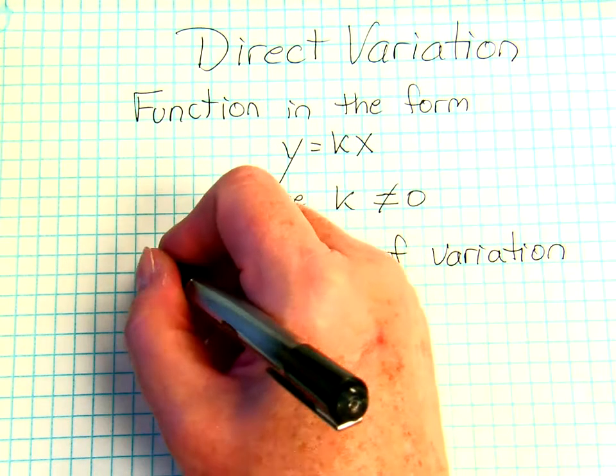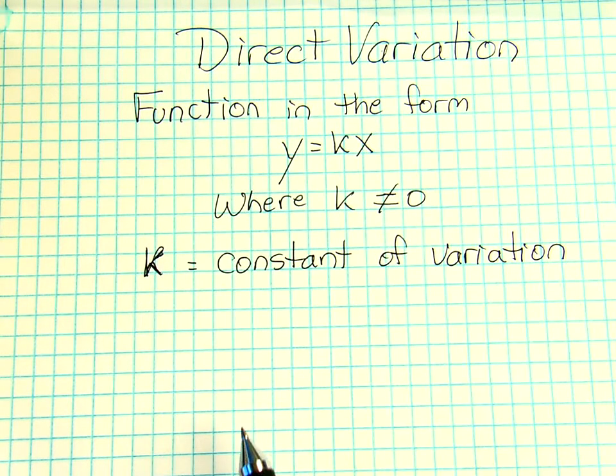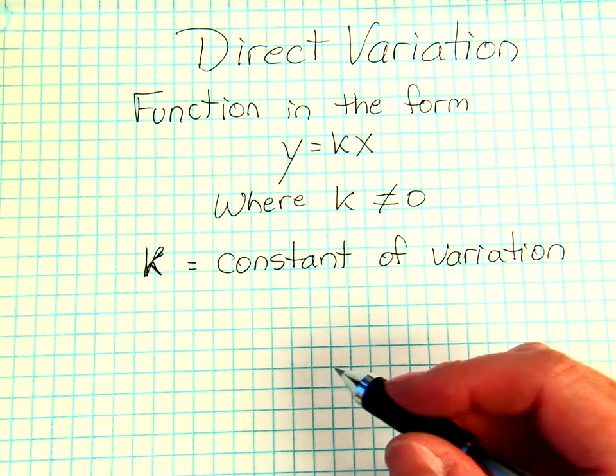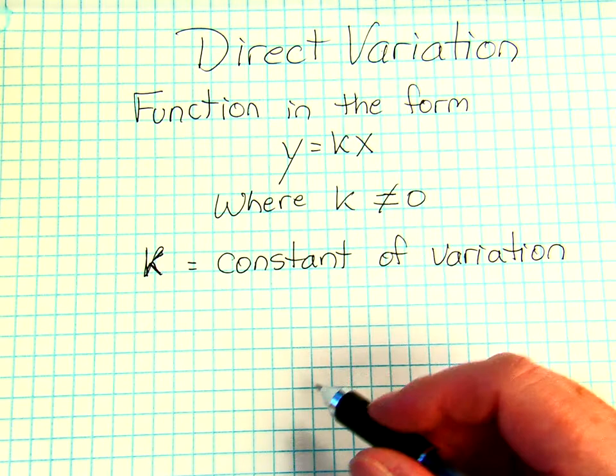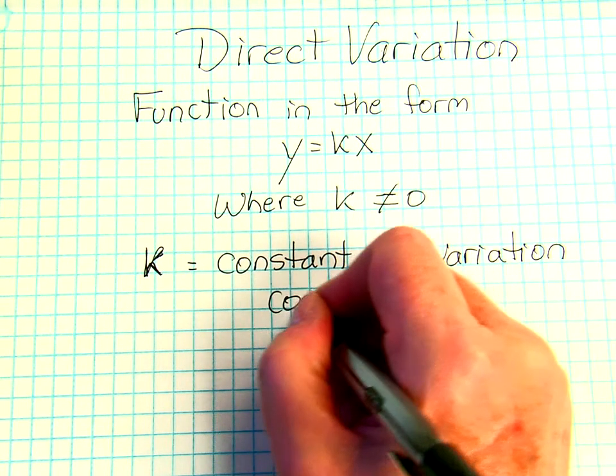K is the constant of variation in a direct variation, and it is also the coefficient of x.